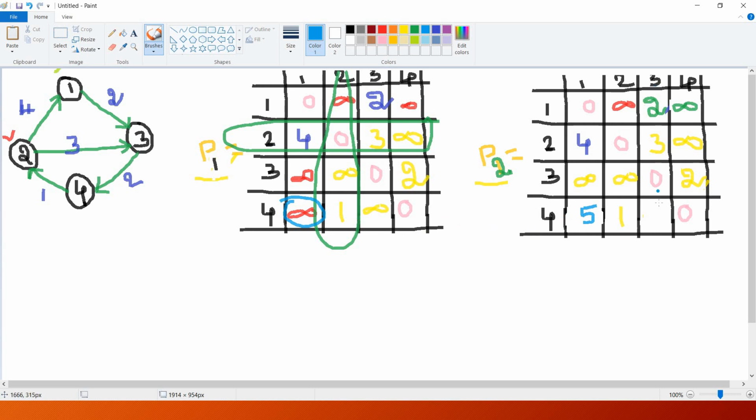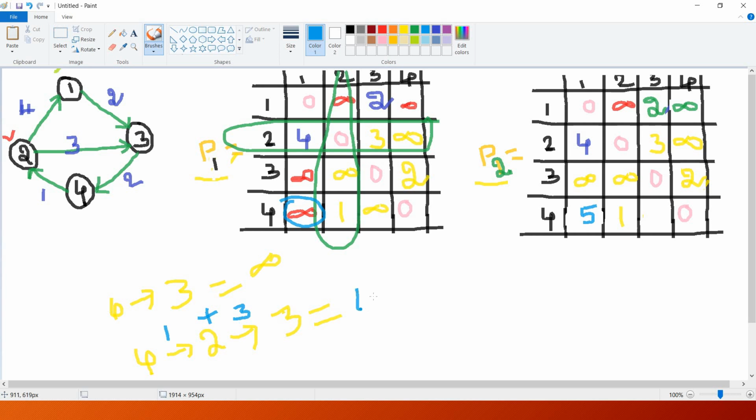Okay, so similarly, 4 to 3. What is the cost? 4 to 3 is infinite earlier. So with the help of 2 as intermediate node, let us see, will it be reduced to some other value? So 4 to 2 and 2 to 3. 4 to 2 is of cost 1. 2 to 3, yes, there is an edge. 2 to 3 is of cost 3.